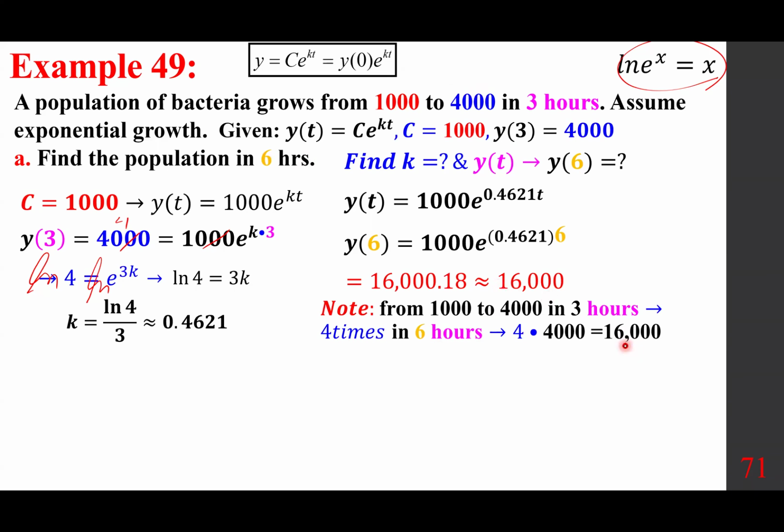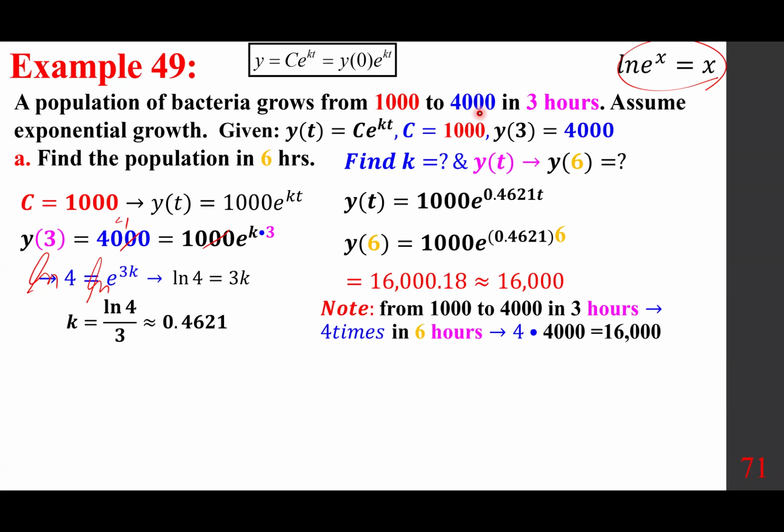That's an easy way to approach it and coming up with actually the correct and precise answer. Not always is doable, but just in case. Again, in 3 hours, it got 4 times. So every 3 hours, it gets 4 times if it's an exponential growth. And because we are talking about 6 hours, that means 3 hours later. So 4 times 4,000. Okay.